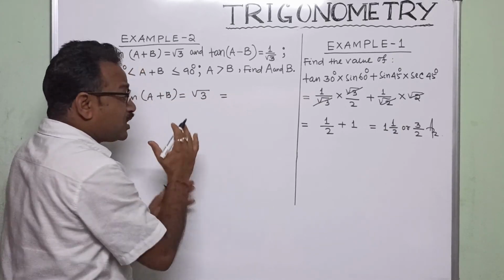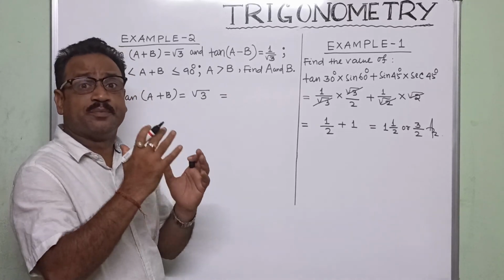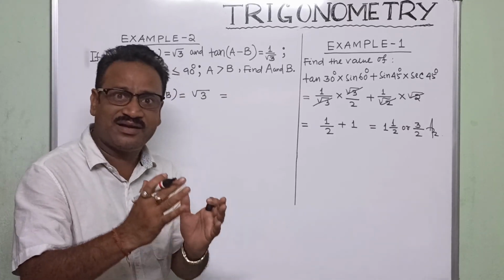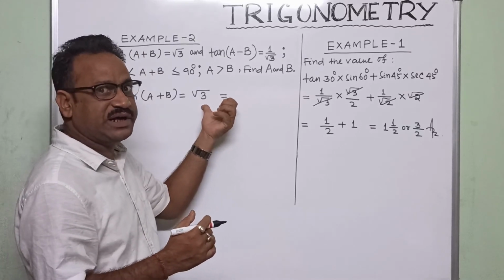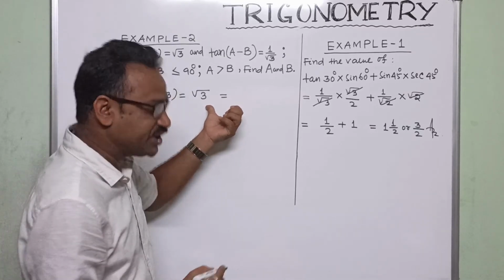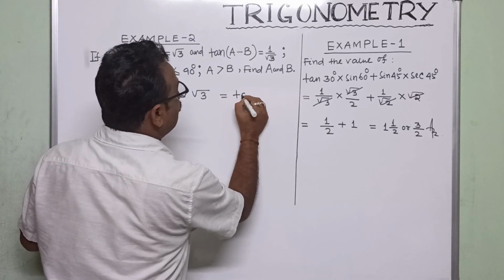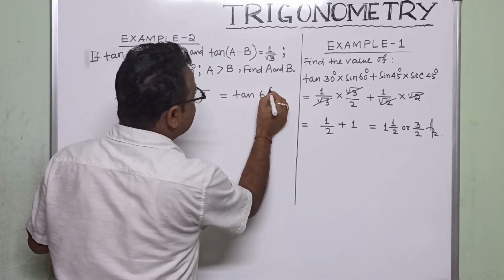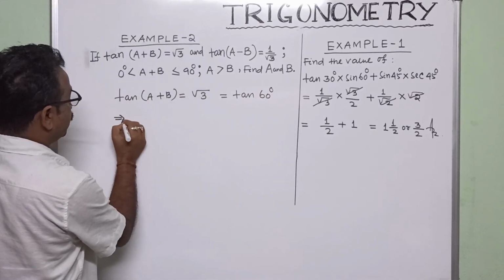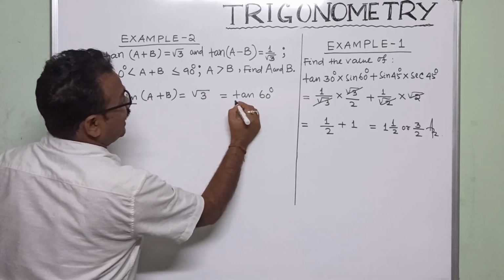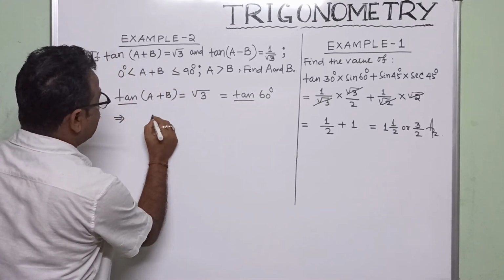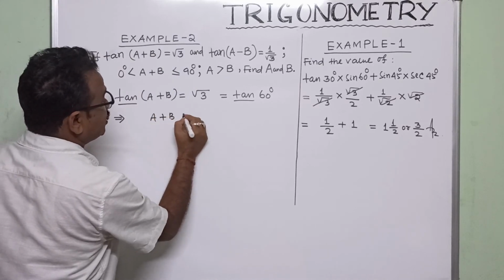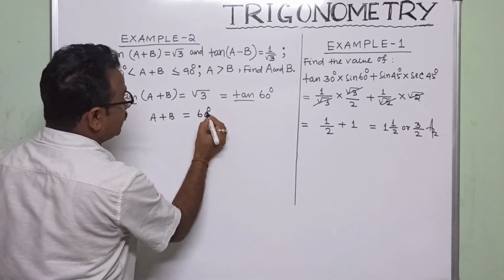What is the value of tan theta where root 3 is coming? That is tan 60 degree. So we can write that is equal to tan 60 degree. Therefore, we will omit these two, tan and tan, so we can write that a plus b is equal to 60 degree.